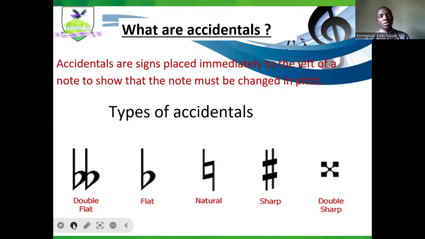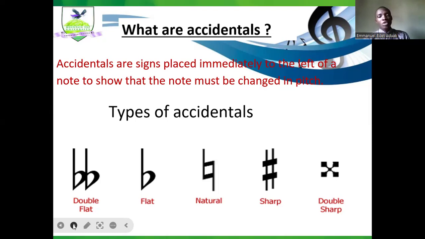A flat will lower the pitch of a note by a semitone or a half step. A natural will cancel out the effects of either a sharp or a flat.